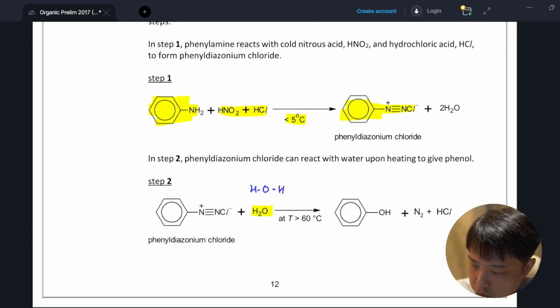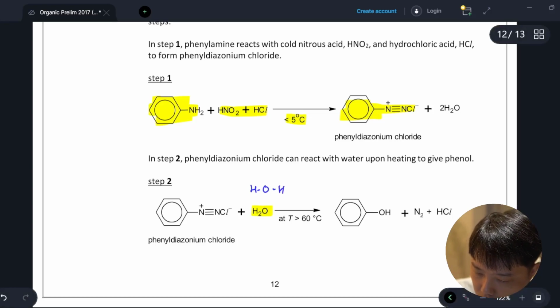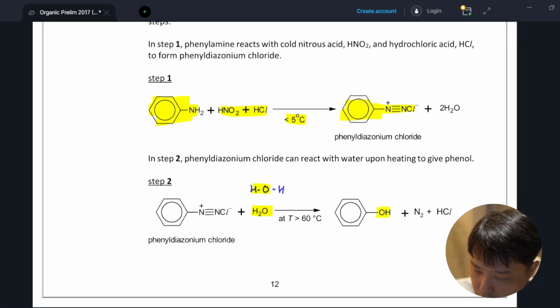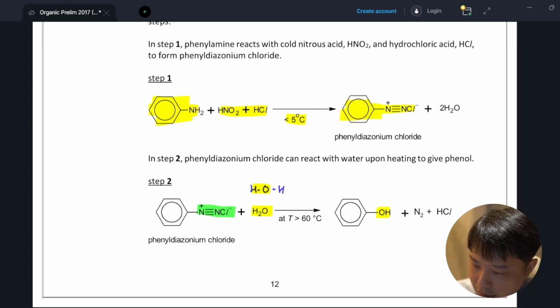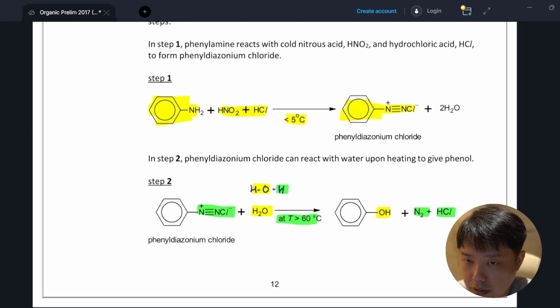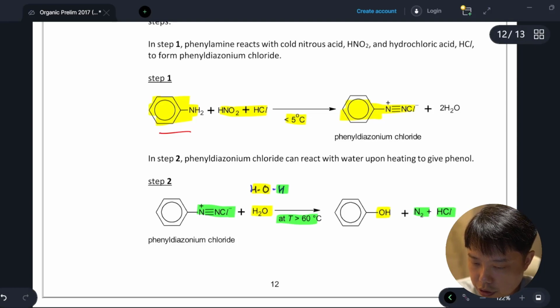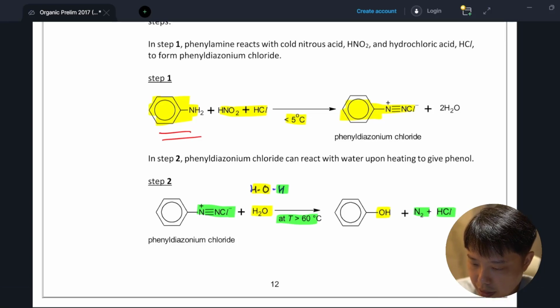And then what will you get? The OH will substitute this whole chunk. Pattern recognition. You substitute this whole chunk, and then this whole chunk will actually form N2 and HCl with the remaining H. Then temperature must be above 60 degrees. So with that, we are able to change this phenylamine to a phenol.